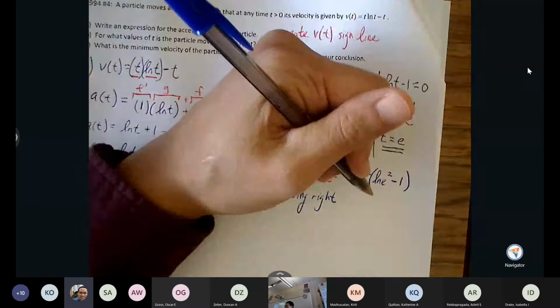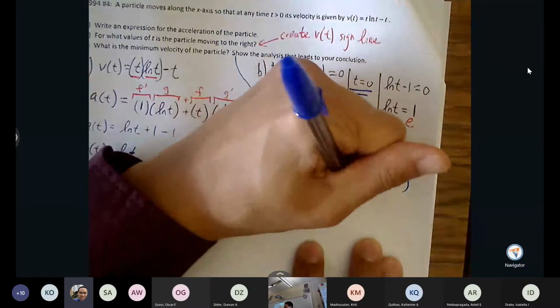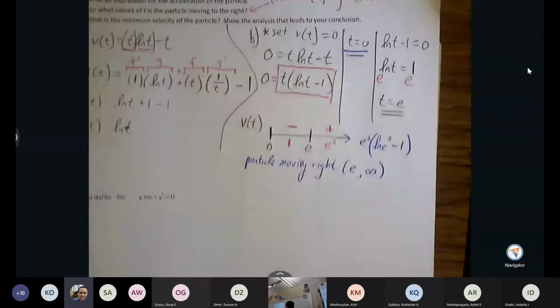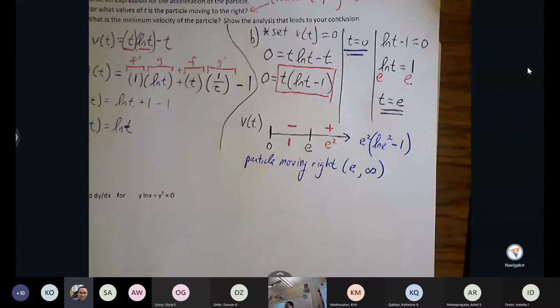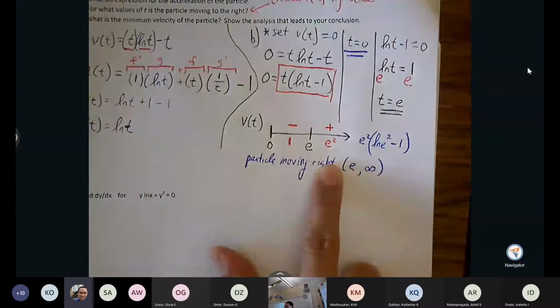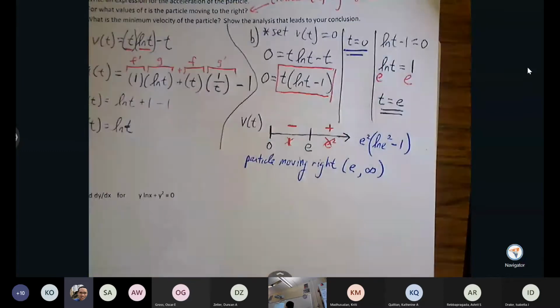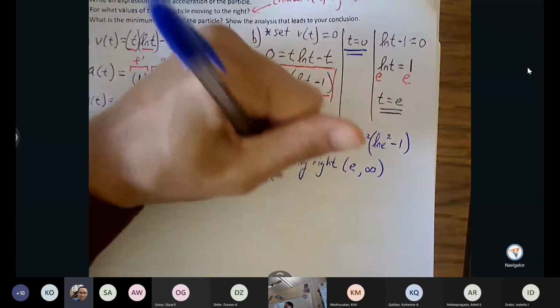I like to put it in interval notation, so I like to say from e to infinity. Notice that when you write your interval, you don't include the test points. The test points are done. We just look at your critical values and infinity. And what's our reasoning? What's our because statement? Good, because velocity is greater than 0.